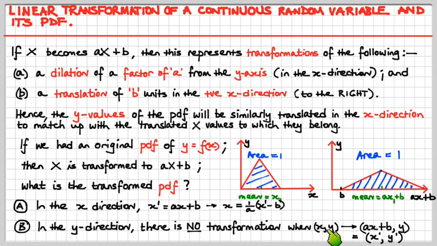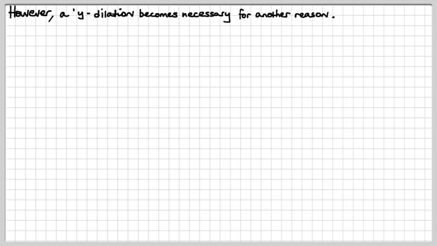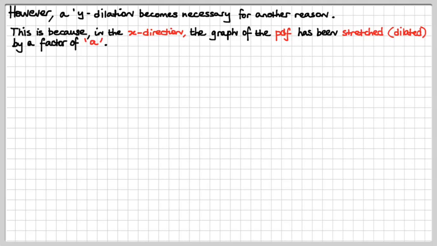So x and y would go to ax plus b and y, which I'll call x dash and y dash, yes? However, guys, there is a complication, and we do need to do a y dilation. It becomes necessary for another reason, and I'll explain that now. In the x direction, guys, the graph of the PDF has been stretched or dilated by a factor of a. It has, hasn't it? Yes, it has.